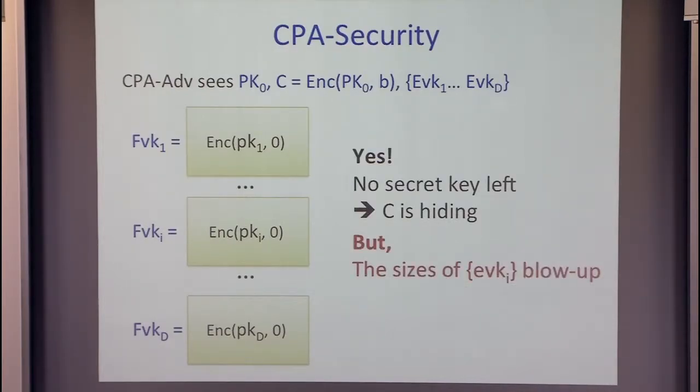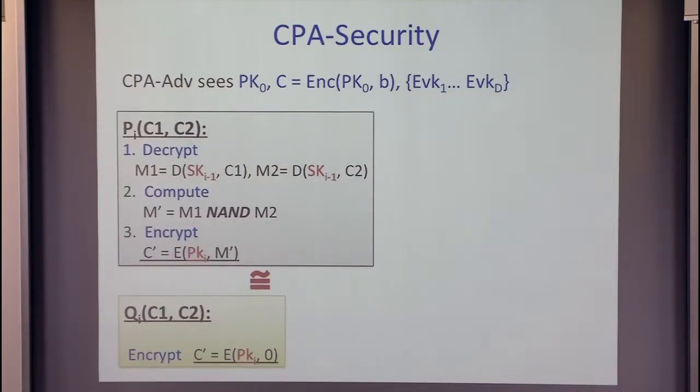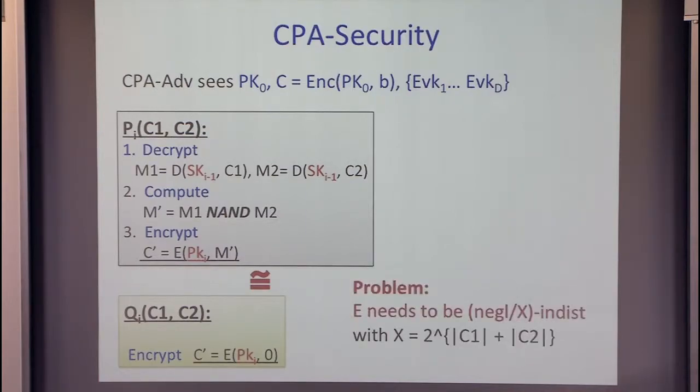Except that there's a problem. The problem is that the fact that this PIO only works with X-indistinguishable distributions comes into the way, and it will make the size of those evaluation keys blow up. Why? Because if I look at one intermediate evaluation key, to apply PIO, I will actually need their output distribution to be very, very indistinguishable.